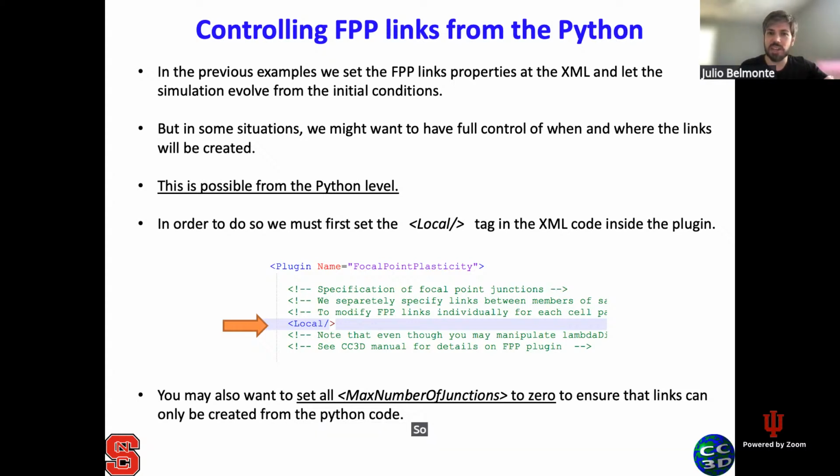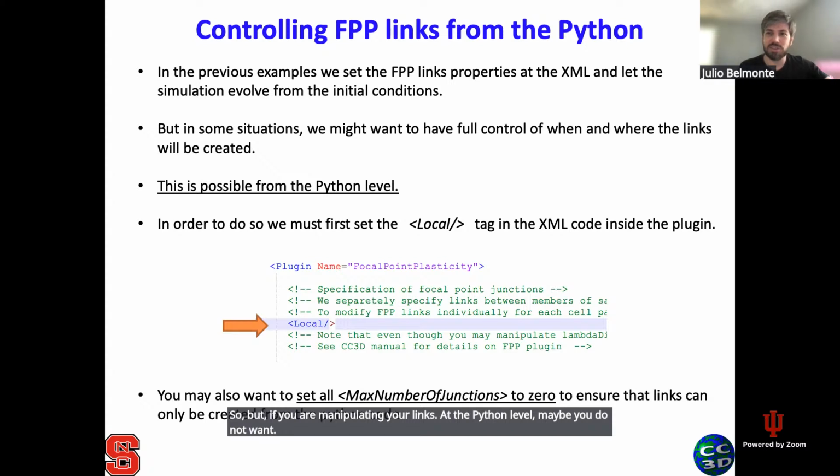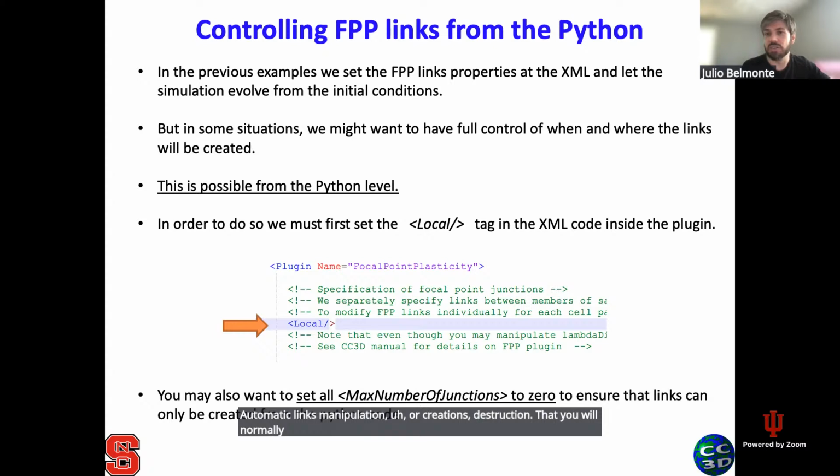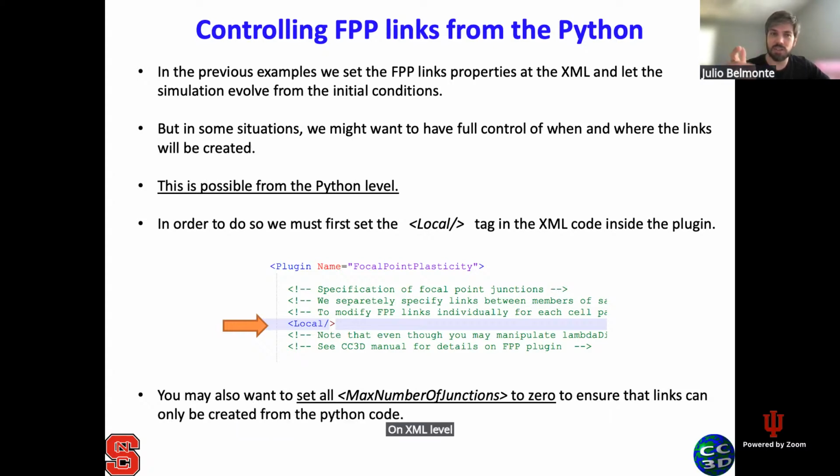But if you are manipulating your links at the Python level, maybe you do not want all that link activity that you set up in the XML to still happen, right? So if you don't want the player to do any of the automatic link manipulation, creation and destruction that you normally have at the XML level, it is better to turn off all those link parameters in the XML.